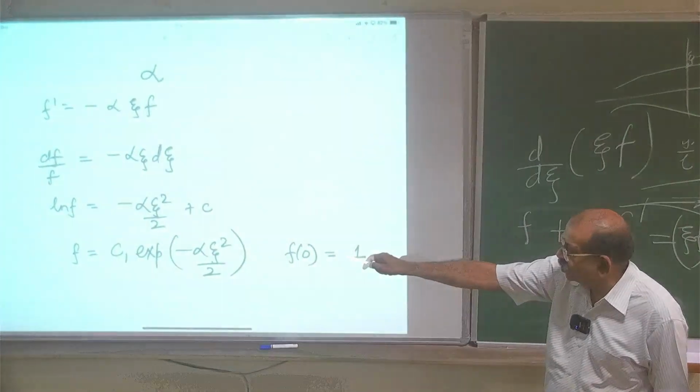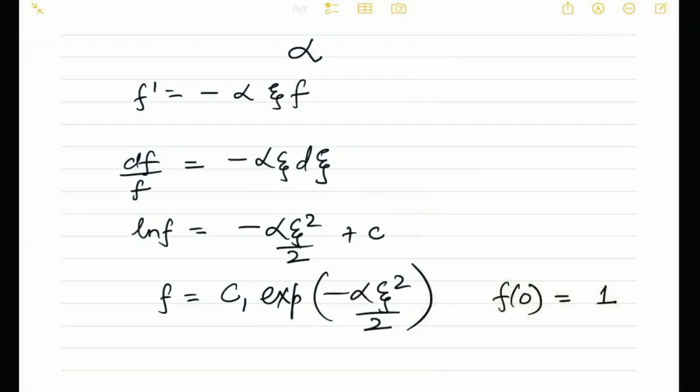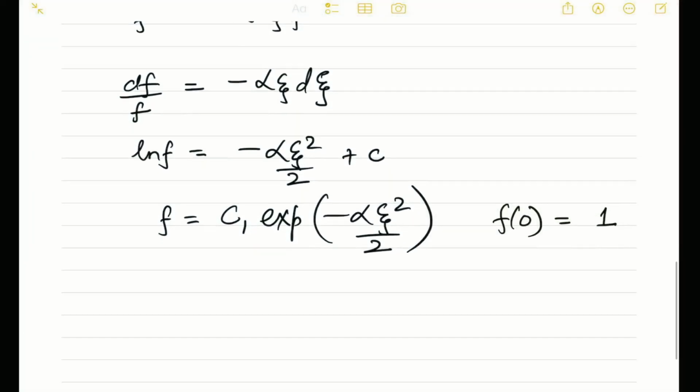If we put f of 0 equal to 1, C1 will be 1. So this implies f is equal to exponential of minus alpha zeta square by 2. So this is the expression for f which we had gotten.